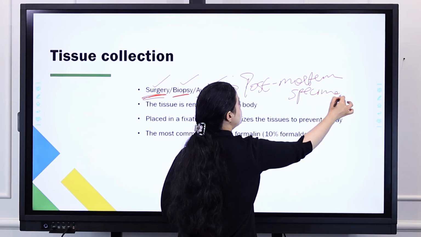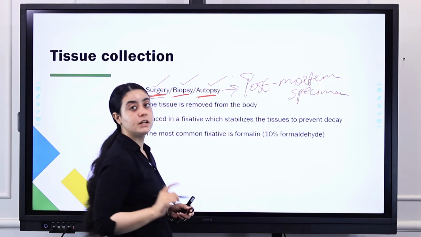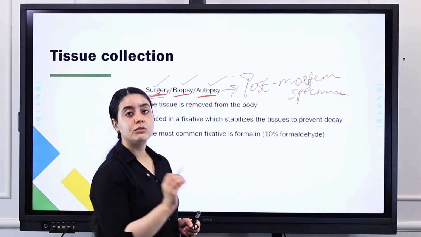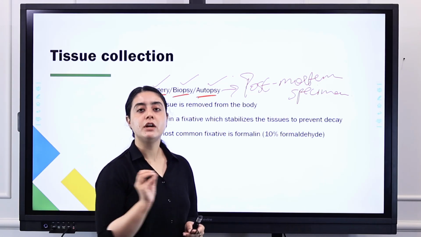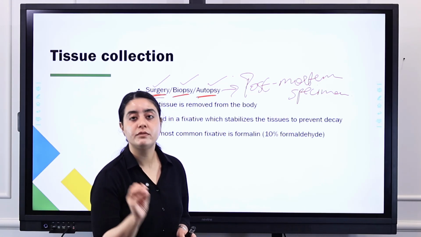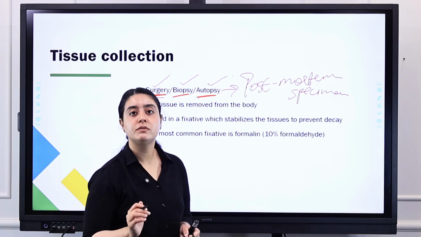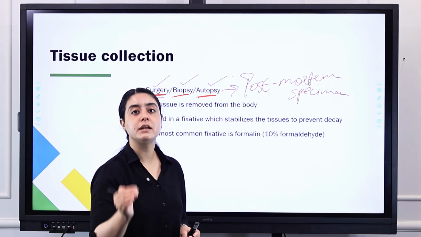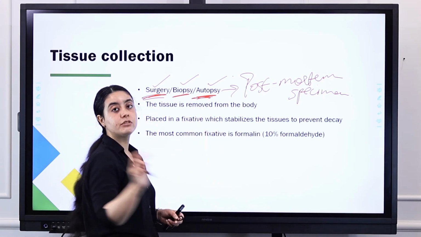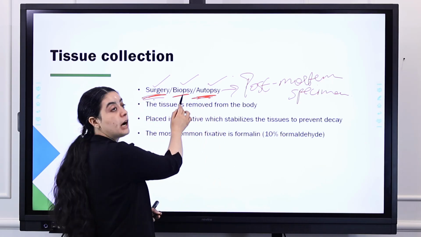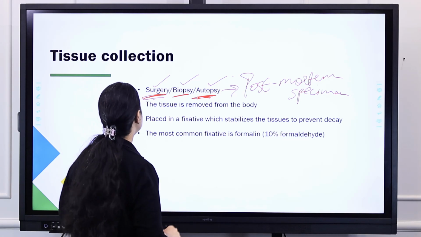When the patient is dead, we have to go through a procedure known as postmortem. In postmortem, we diagnose the cause of the death, and it also helps in medical advancement. So this is autopsy. So we have three types of samples: surgery, biopsy, and autopsy.